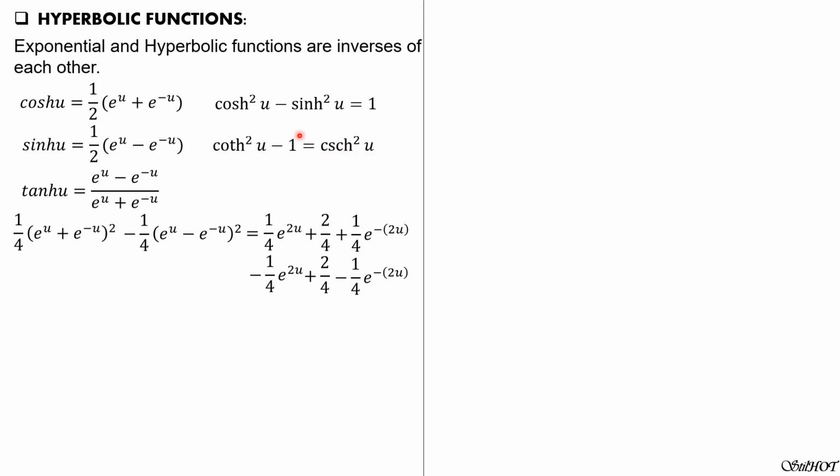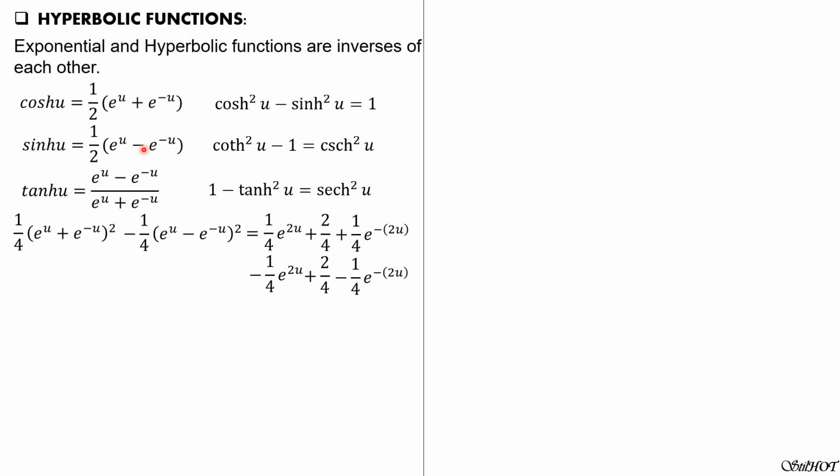Then if instead we divide everything by cosine hyperbolic square of u, this becomes 1. This becomes sine hyperbolic square of u over cosine hyperbolic square of u, which is tangent hyperbolic square of u. And 1 over cosine hyperbolic square of u is secant hyperbolic square of u. Therefore, 1 minus tangent hyperbolic square of u equals secant hyperbolic square of u. So these will be the resulting identities for hyperbolic functions.